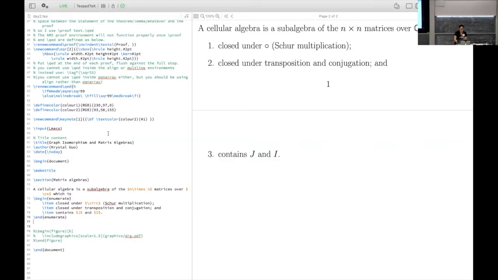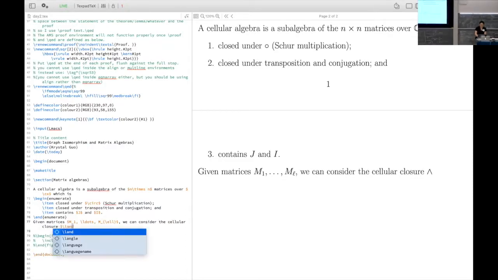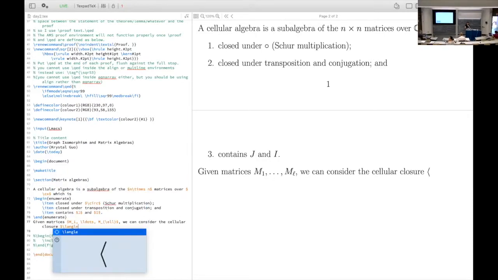So in particular, what are we interested in? Well, given a certain set of matrices, we want to consider the cellular closure, which is the smallest cellular algebra containing those matrices. So given matrices M1 through ML, we can consider the cellular closure. It's still denoted with these angle brackets.